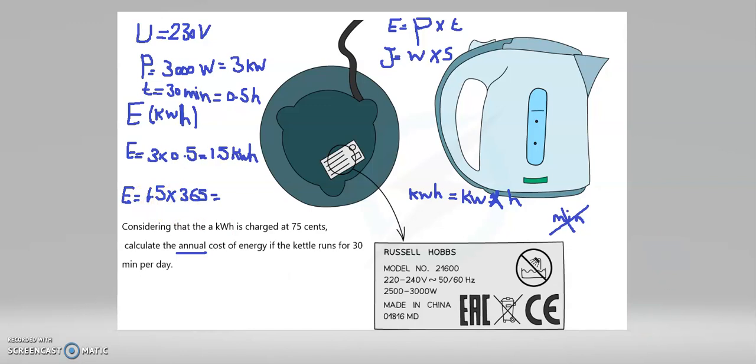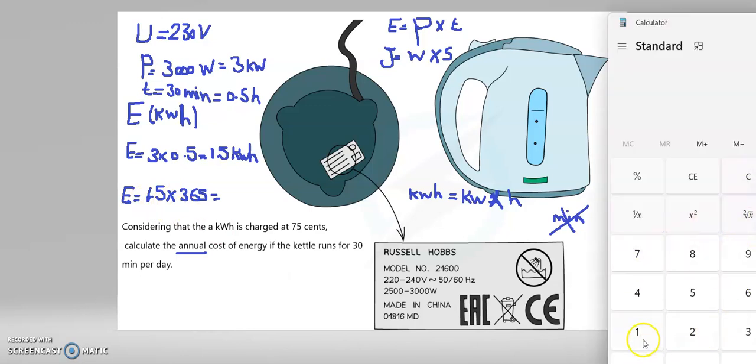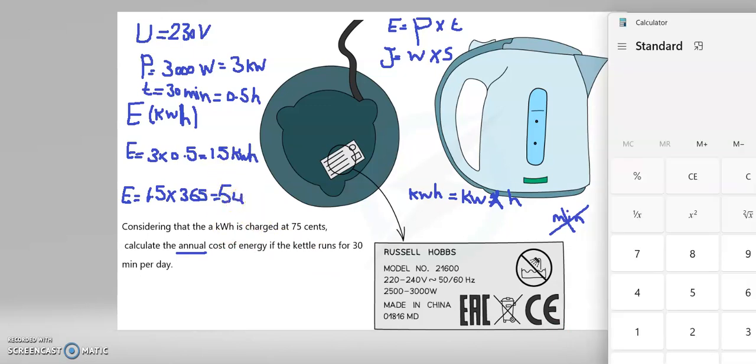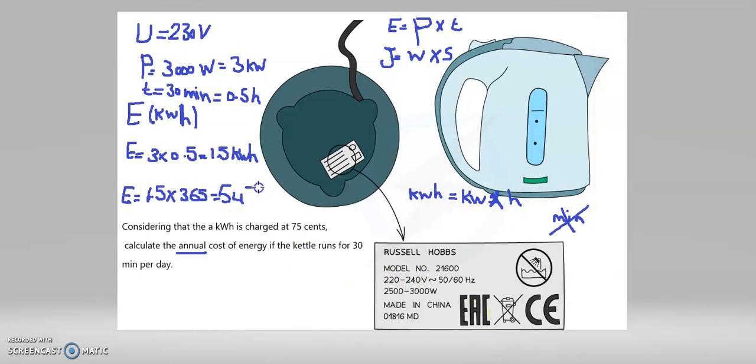So 1.5 times 365 gives us 547.5, and the unit is kilowatt hour.